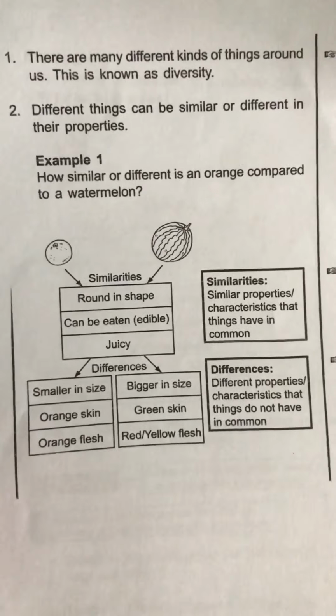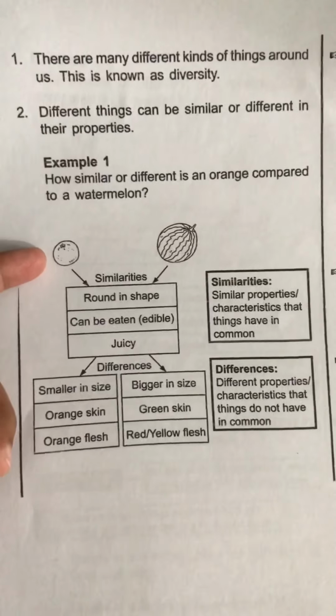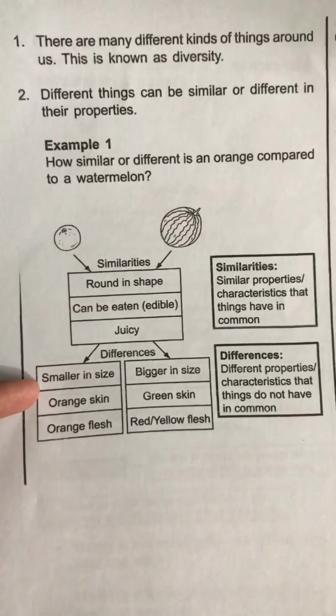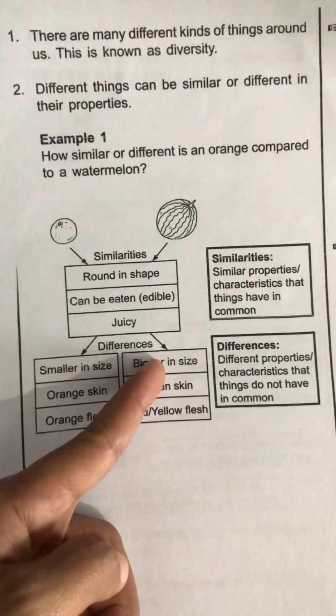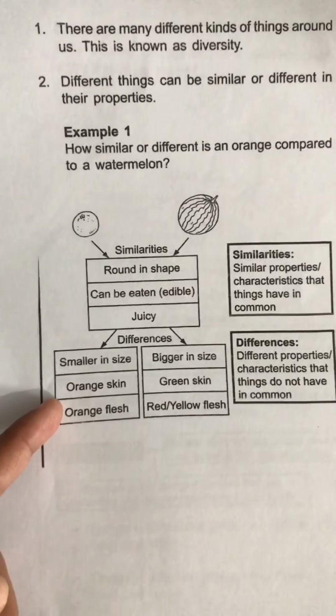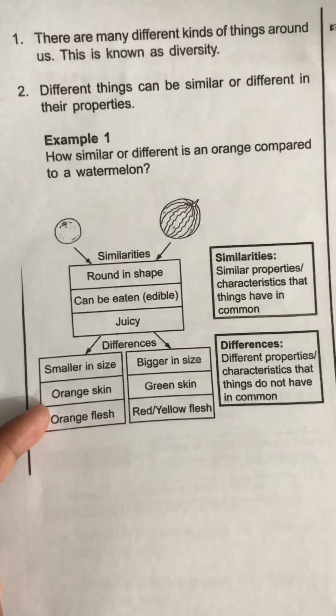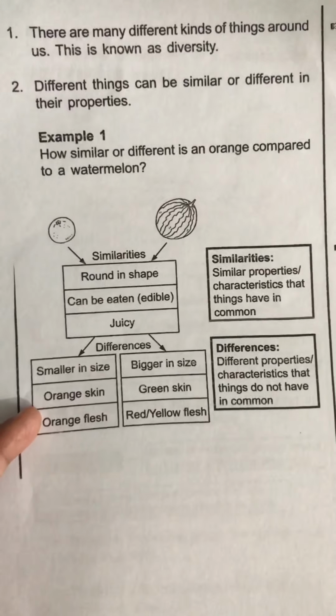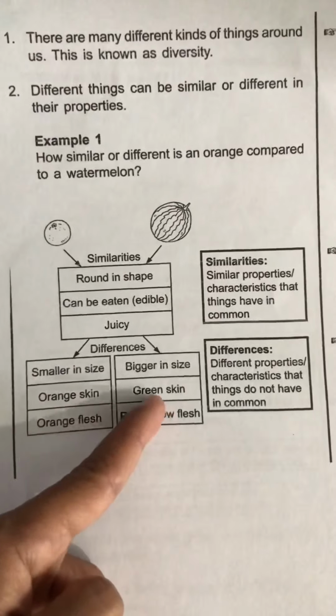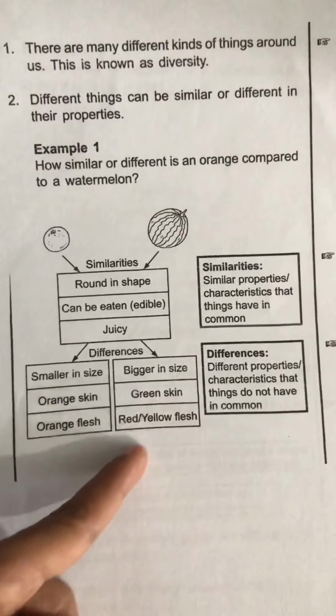And the differences are, for this one, the orange is smaller in size than the watermelon, right? And the skin itself, the color of the skin: the orange has orange skin while the watermelon has green skin.